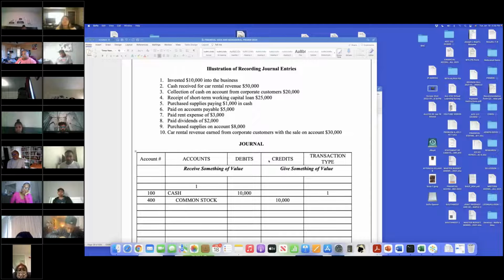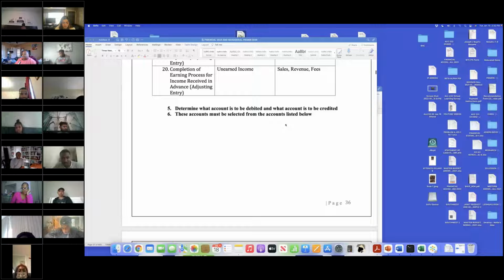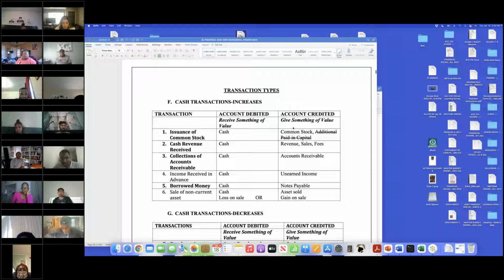Lanisha, can you make this journal entry? Not yet. We invested 100,000 into the business. We go up here. First thing we do, after we read it, is ask is it a 1, 2, 3, 4, 5? Is it 1? Because we issue common stock to start our business.